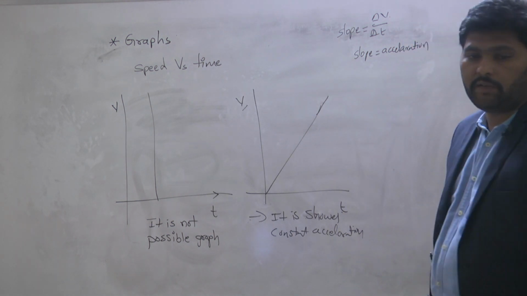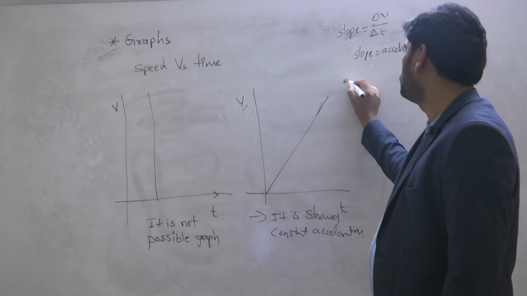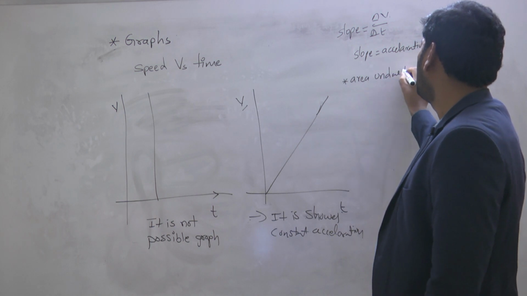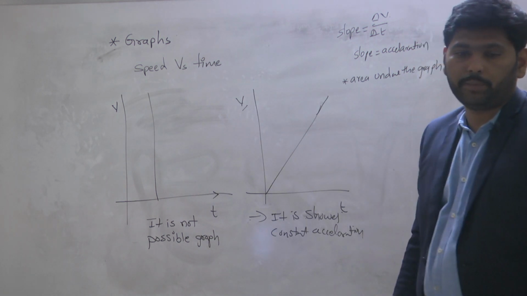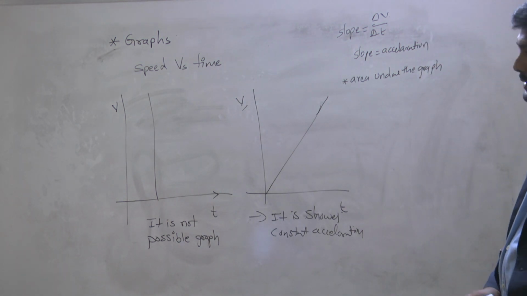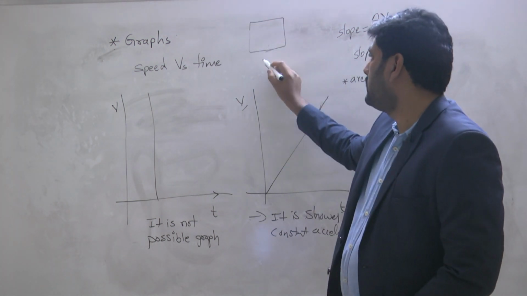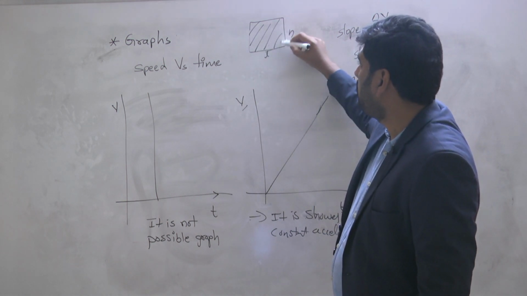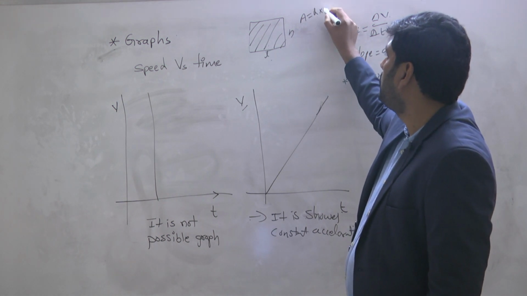Understand? In a similar way, the area under the graph. What does the area under the graph represent? Generally, let me take this as length into breadth. To get the area, we require length into breadth.